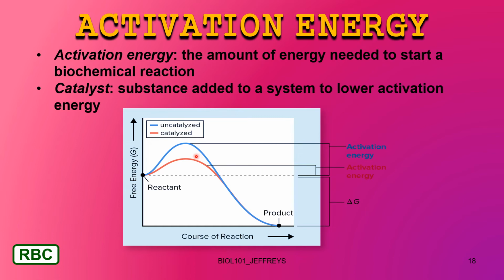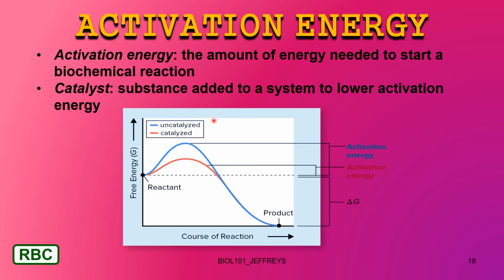The amount of energy that you must add to get to that point is called the activation energy. All right. Now, this is going to take a very, very long time to get up to this point so that the reaction can proceed. It takes a long time.